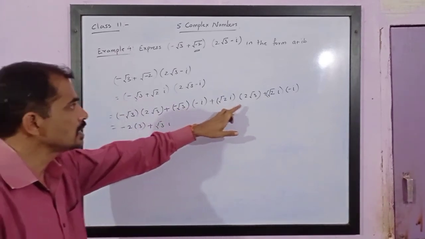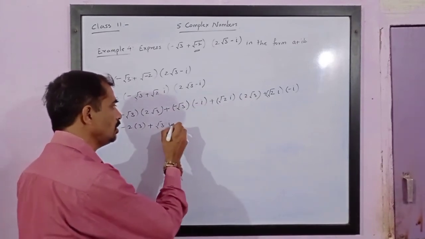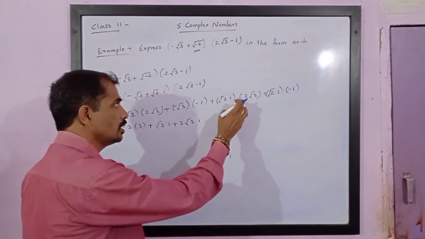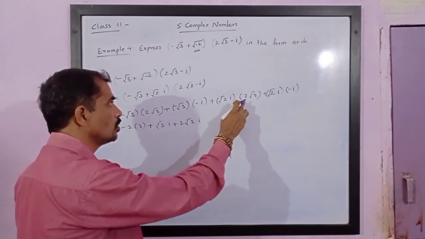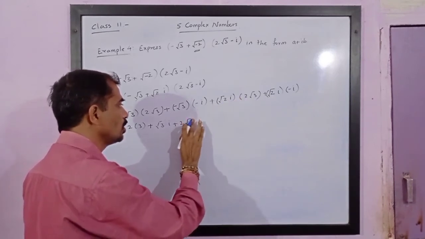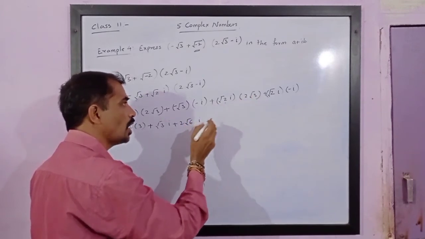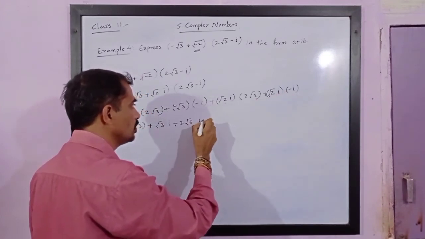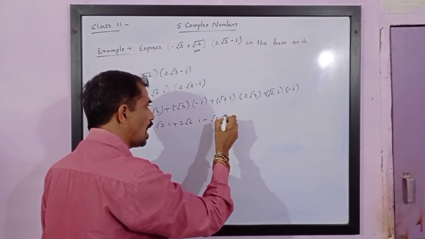Now if you solve this you will get twice root 3 plus 2 root 3i, then 2 into root 3 into root 2: root 3 into root 2 is root 6, so 2 root 6i, and this is equal to negative root 2 i square.